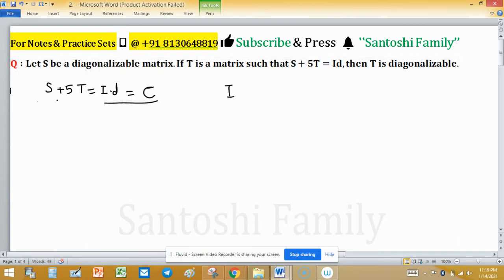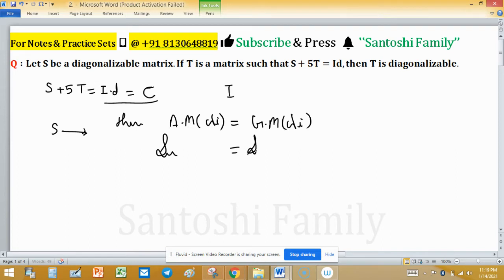this question. As S is diagonalizable, recall some properties of diagonalizability. If a matrix is diagonalizable, then the algebraic multiplicity of all eigenvalues must be equal to the geometric multiplicity of all eigenvalues, and hence the sum of algebraic multiplicities is equal to the sum of geometric multiplicities. Second, if it is diagonalizable, then S can be represented as PDP inverse, where P is a non-singular matrix.